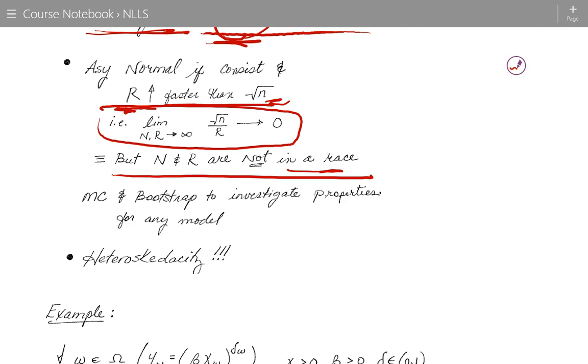You pick values, and because of that, it is unclear from the mathematics what these asymptotic properties really mean. So you really need to look at the properties of the model for any given situation. And you do that by Monte Carlo experiments with the model and by bootstrapping the model to investigate the properties of the estimator for a given model that you have and for a given sample size that you have.